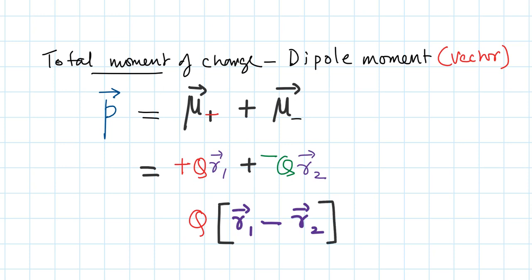Thus you get the dipole moment of the system. So this is how you define the dipole moment of an electric dipole.